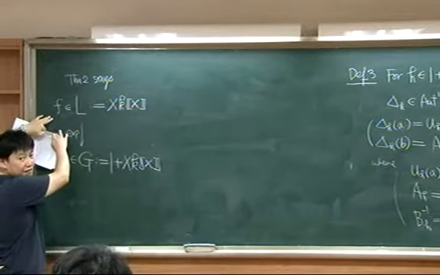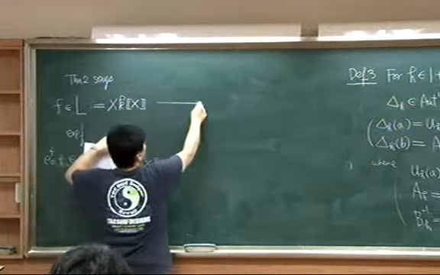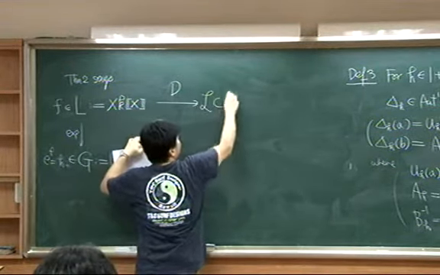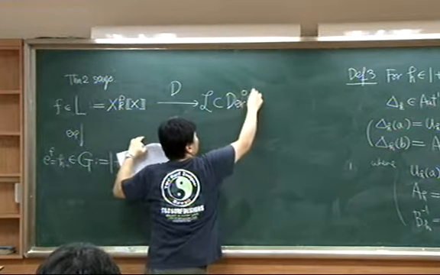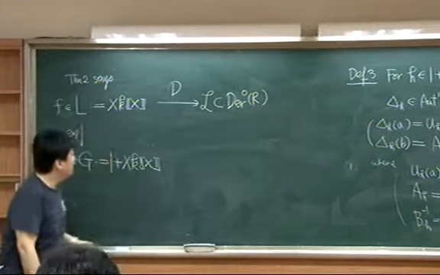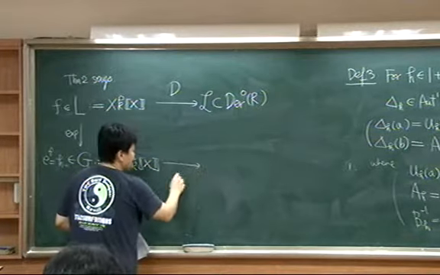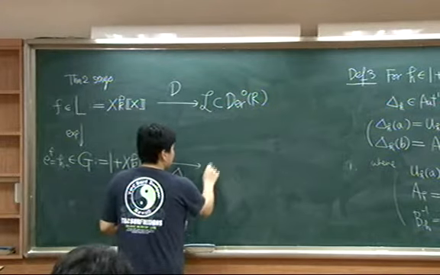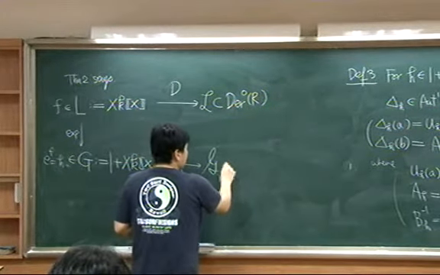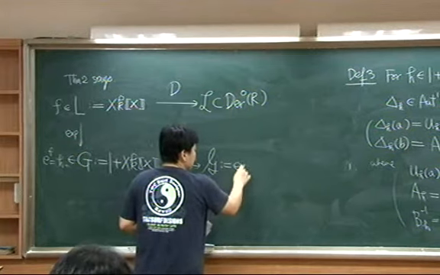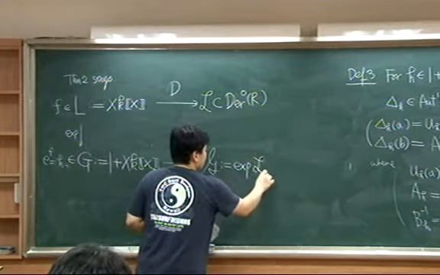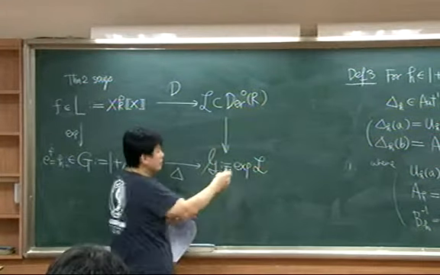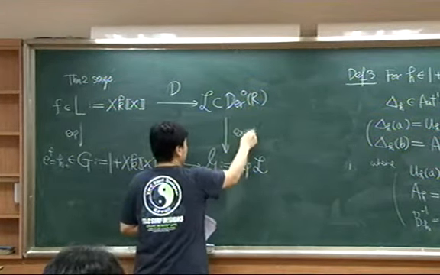And for given f, we define a derivation. So here is a map D from L to del 0 L. And also we consider the correspondence delta. Here, let me write G. By definition, this is the exponential of L. And we have an exponential logarithm map here.